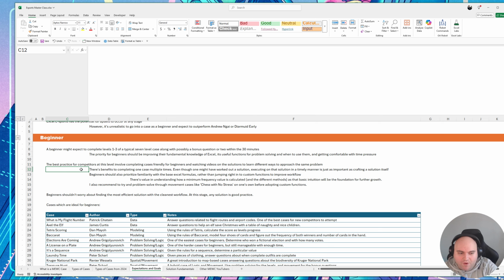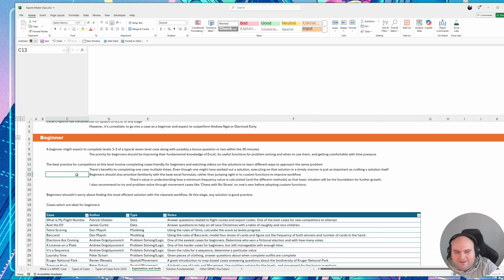One, to make myself completely aware of how I want to go about solving it and explaining the steps to someone else. And two, sometimes that's just related to technical issues. My computer might die midway through, and I'm just like, I'm going to restart. But I think solving a case multiple times, especially after a small break, can be really beneficial because you really want to reinforce Excel best practices.